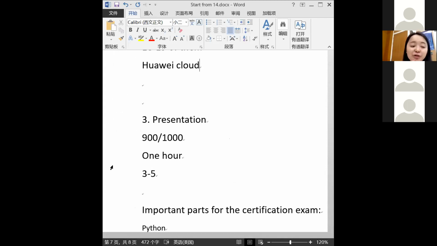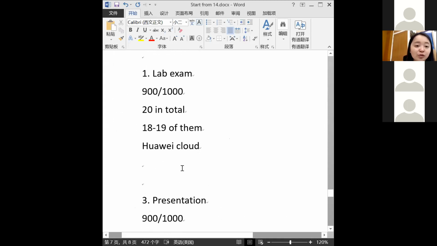You will present for 1 hour, and after that you will be asked some questions and you just answer them. And for the lab exam, you will receive a Huawei cloud account, and you log in and use a Jupyter Notebook. You open the Jupyter Notebook and you will find a lot of questions, and then you just program there. Okay.